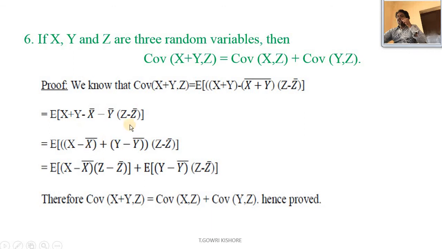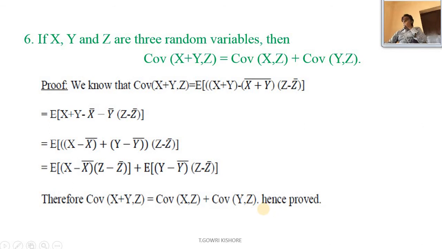Now I am taking x minus x bar plus y minus y bar into z minus z bar. Now z minus z bar is common, so it will come to both: expectation of x minus x bar into z minus z bar plus expectation of y minus y bar into z minus z bar. Therefore co of x plus y comma z is equal to co of x comma z plus co of y comma z, hence proved.